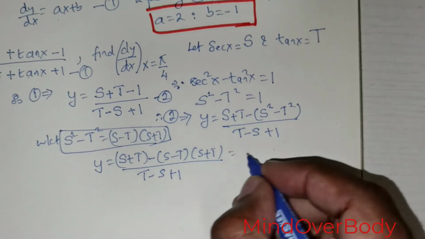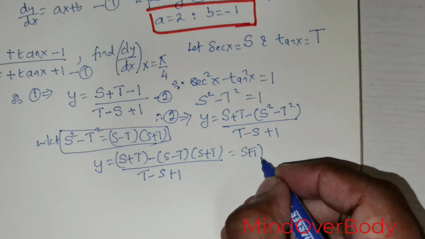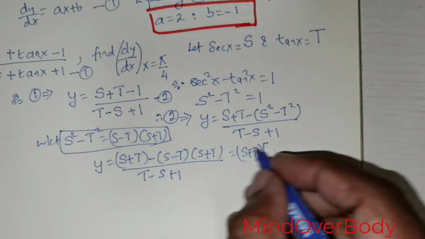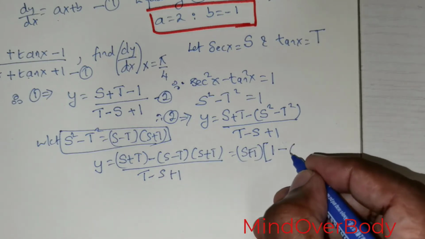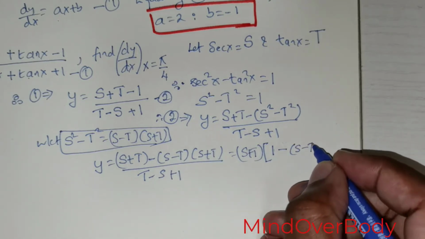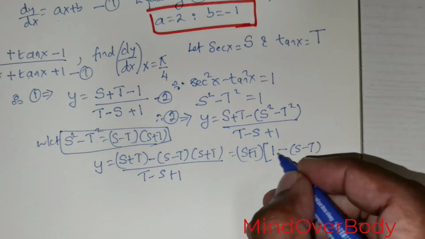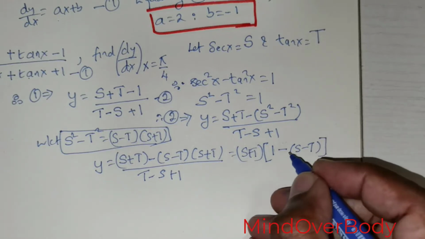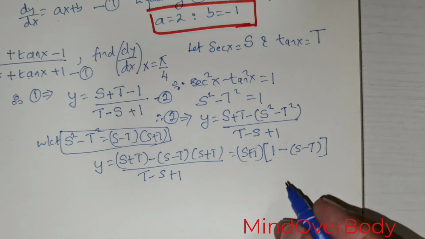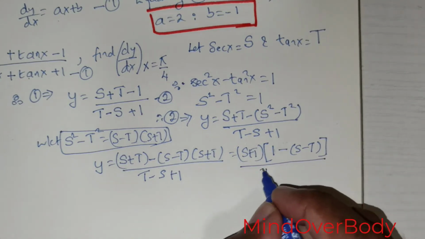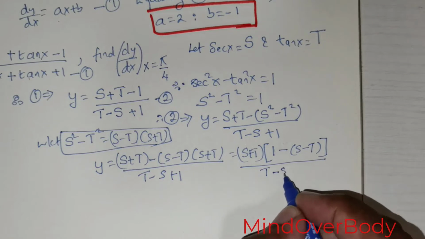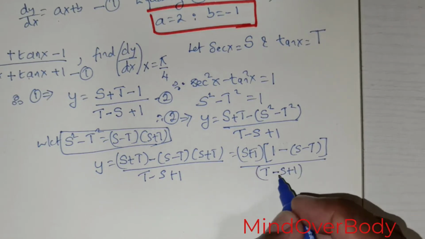So S + T can be taken out. If I were to take S + T out, I would get a 1 followed by the quantity (S - T). Of course there is a parenthesis, and before the parenthesis you have a negative sign, so this has to be divided by (T - S + 1). So this is what I've got.